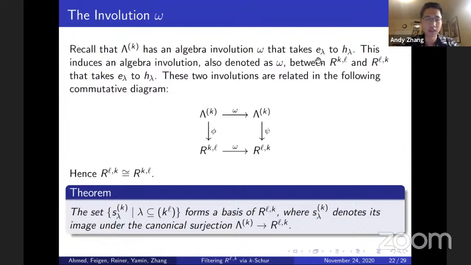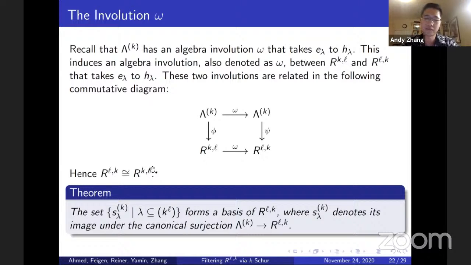So this induces an algebra involution on the quotients, which we also denote as omega. And these two involutions are related in this commutative diagram. And you can check the commutativity by just tracing the generators H1 through HK here and see where the maps send the generators to in the destination.